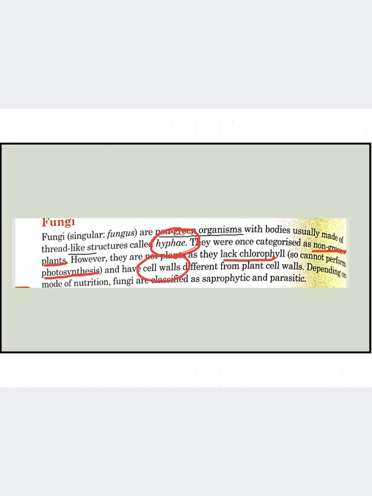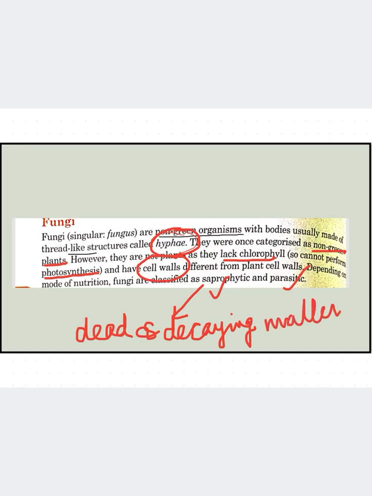Okay, and as I told you, they can be categorized into two different types. One is saprophytic, another is parasitic. Saprophytic means they depend on dead and decaying matter. बेटे अगर आपने observe किया है, if you have observed ever, तो आपने देखा होगा mushrooms generally are grown in the cow dung, right?